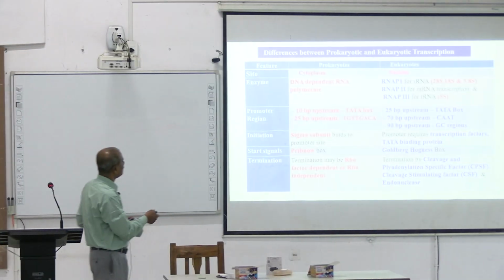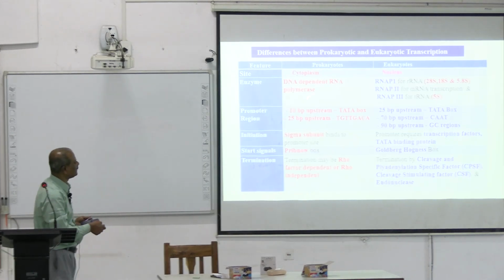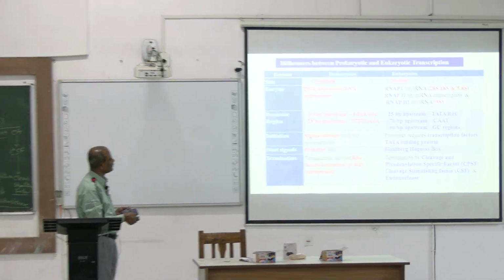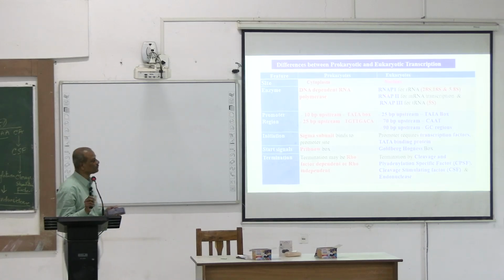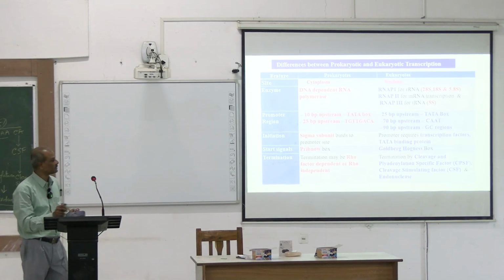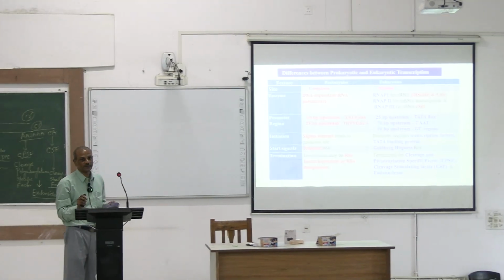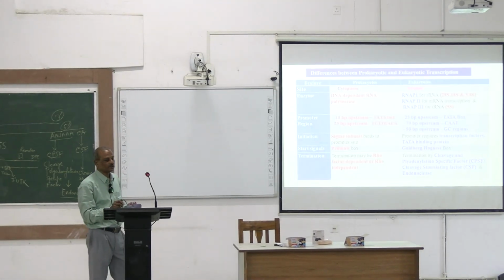Understand that here there is basically only one DNA-dependent RNA polymerase. This is also a DNA-dependent RNA polymerase, but this one produces ribosomal RNA and its subunits, that is 28S, 18S and 5.8S.